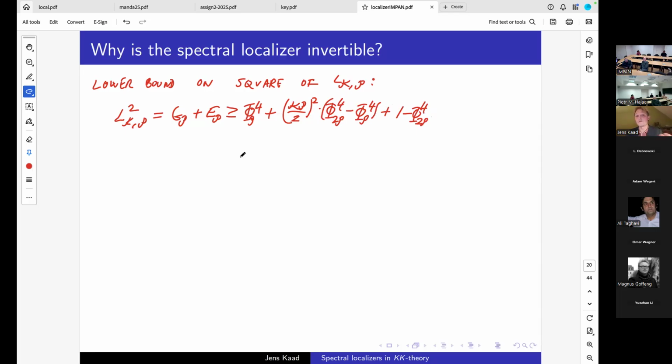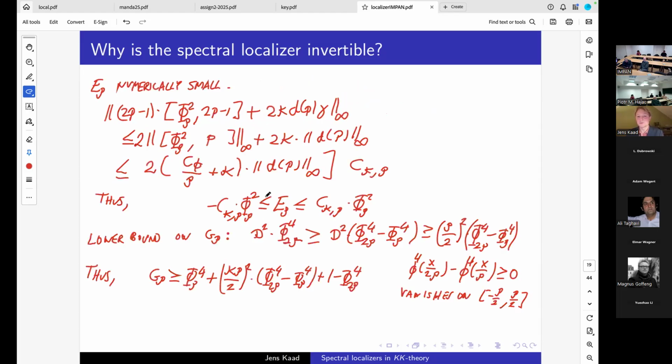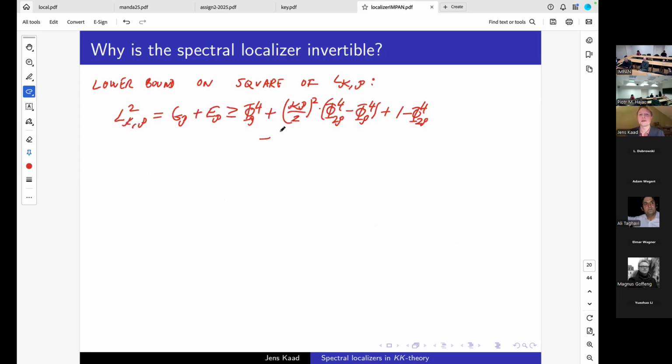That was the lower bound for the leading term G rho. And I also have a lower bound on the error term. The error term was greater than or equal to minus c kappa rho times phi rho squared.